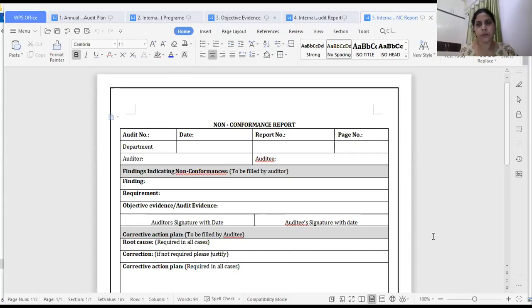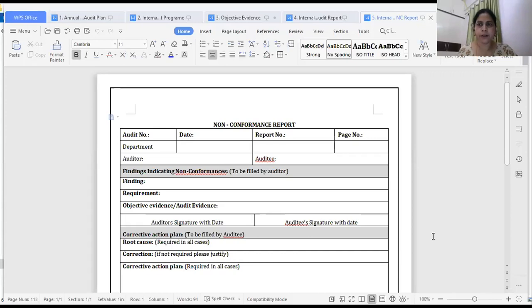You are not going to write the non-conformance as and when it appears, and you are not going to write it on a single audit. That means you are giving them time, an opportunity to improve. Even then, if it is not happening, only then you are going to write the non-conformance.